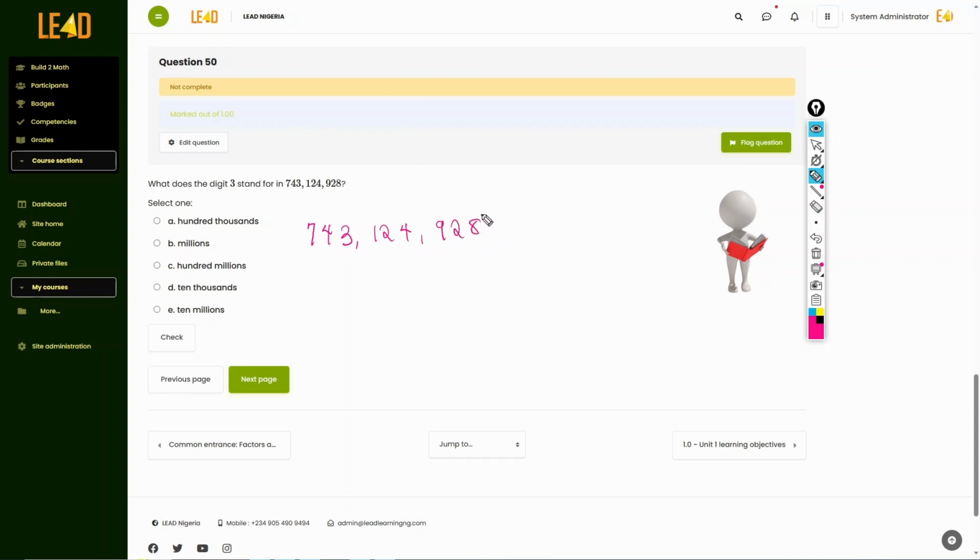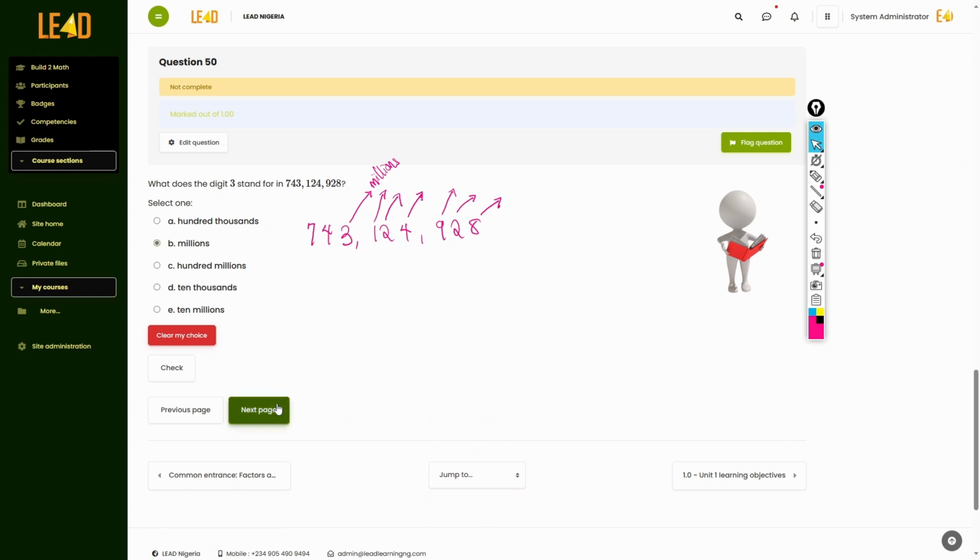If you read it out, we have units, tens, hundreds, thousands, tens of thousands, hundreds of thousands, millions. So the digit 3 is millions. So we need to learn to read our place value. Yes, so that's it.